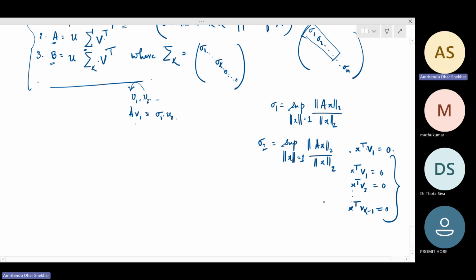You put these k minus 1 constraints into this system, and again you can solve this analytically. That's often how this gets computed in practice.